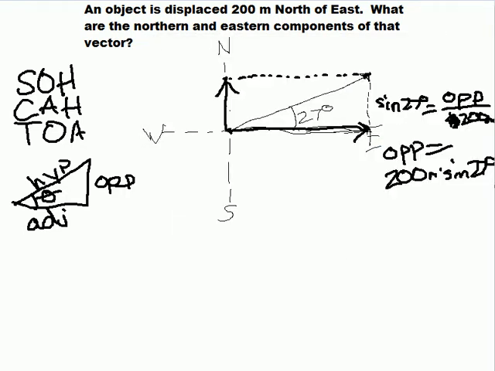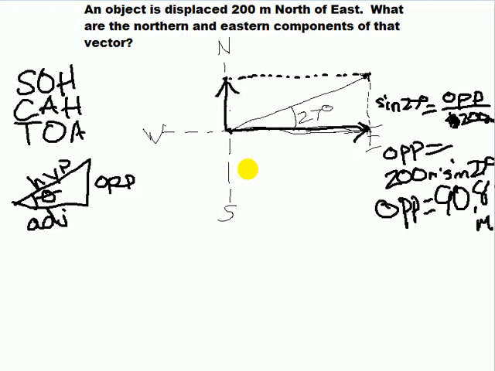So this side opposite here would be opposite equal to 90.8 meters. Now to find this side, this is the adjacent side.